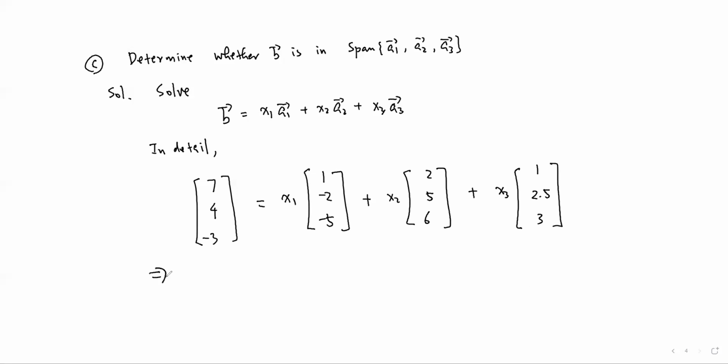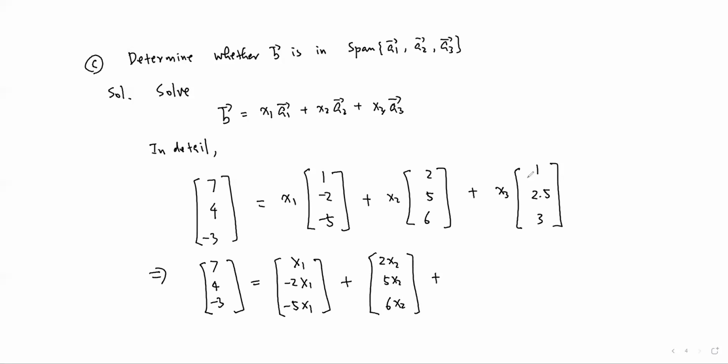Now let me compute the right-hand side. X1, a scalar, times a vector, so the scalar times all the entries. X1 times the first vector gives X1, -2 X1, -5 X1. X2 times this vector is X2 times all the entries: 2 X2, 5 X2, 6 X2.